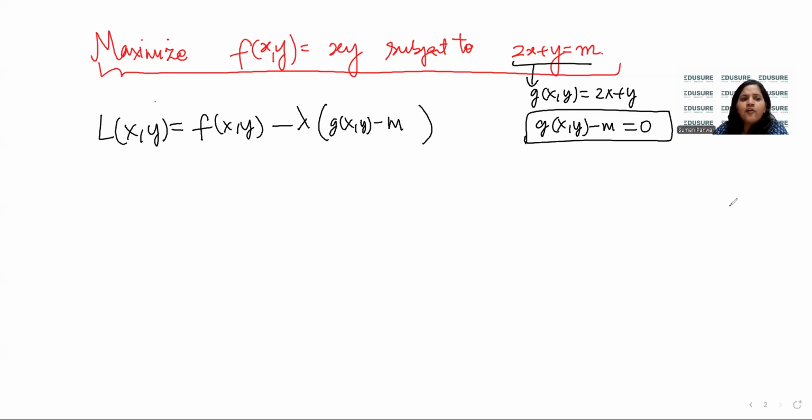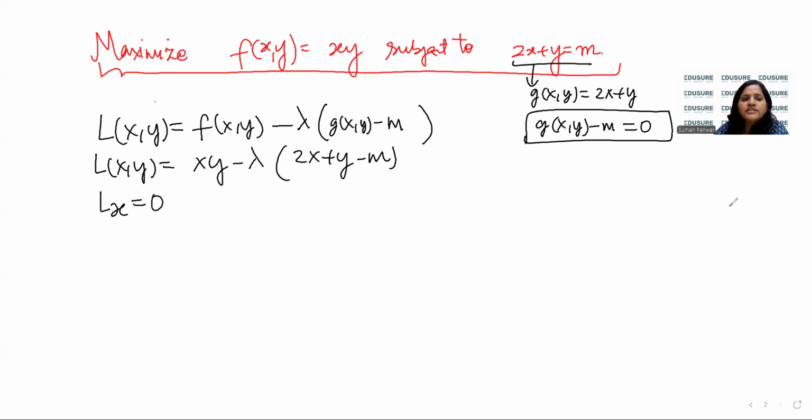So that means L would be xy minus lambda times (2x plus y minus m). Okay. So Lx equals 0 is equivalent to saying that y minus lambda times (2 plus 0 minus 0) equals 0. So this implies that y equals 2 lambda.